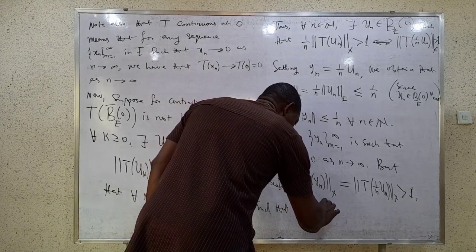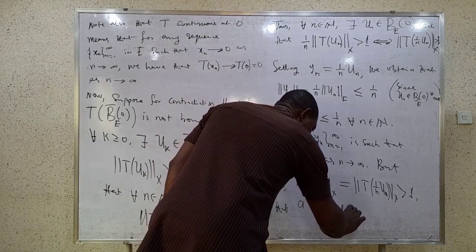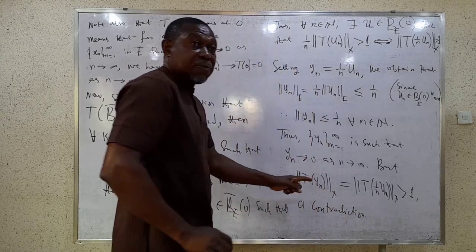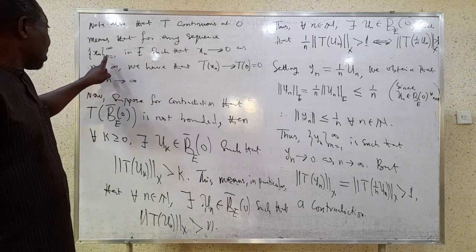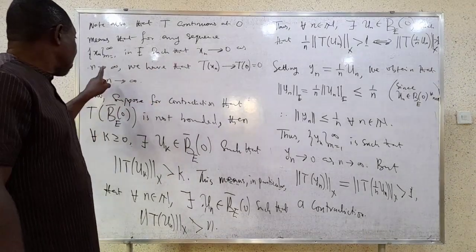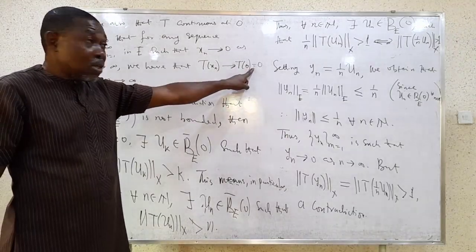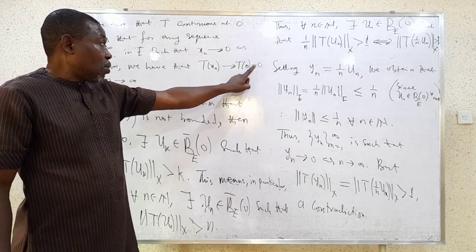What does it contradict? It contradicts the fact that T is continuous at the origin. Because continuous at the origin means that whenever you get a sequence that goes to 0, then the image of that sequence will also go to the image of 0, which is 0.